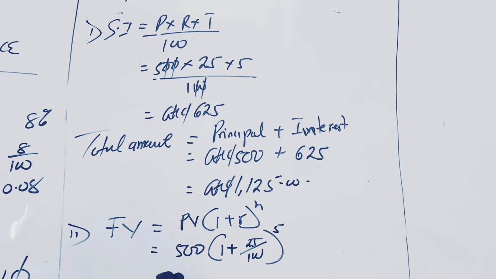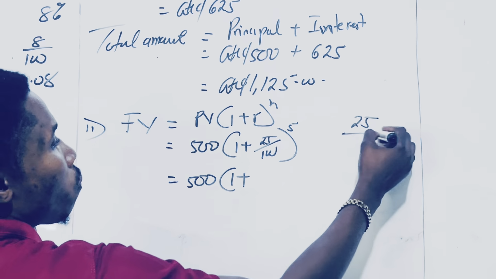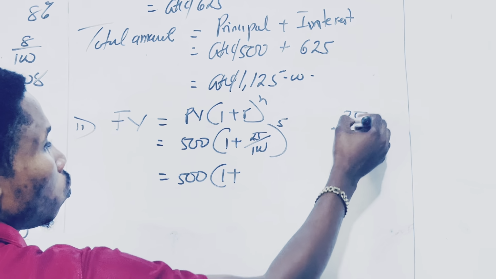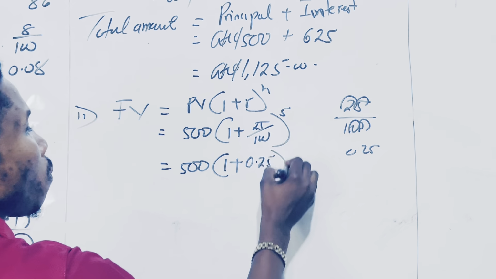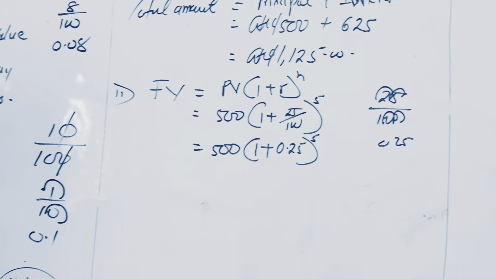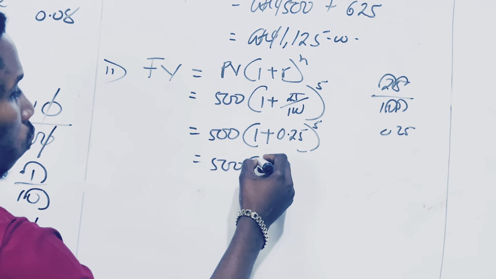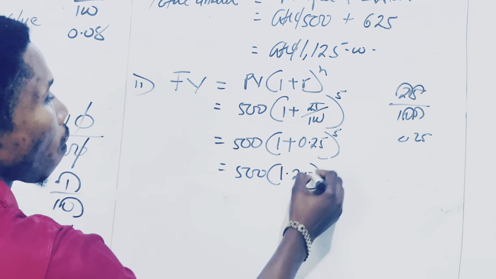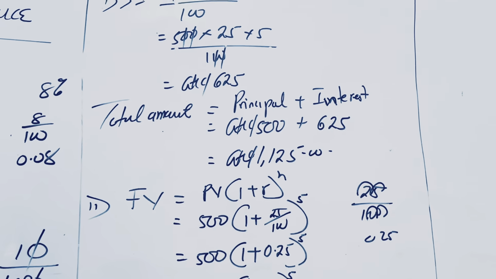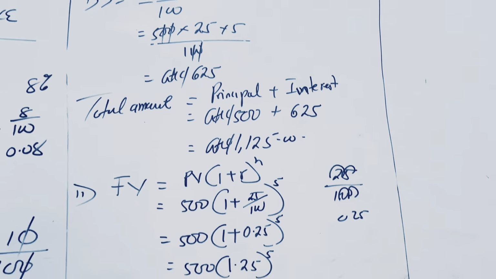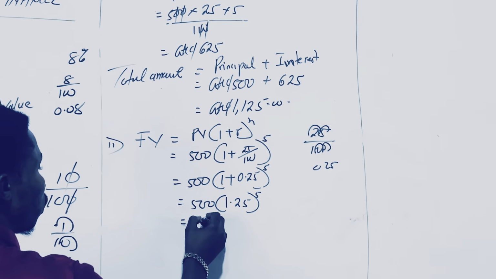And here we have 5 years. So I have my 500, and 25 over 100 can be written as 0.25. So we have 500, 1 plus 0.25 will give you 1.25 raised to the power 5. So we have 500 multiplied by 1.25 raised to the power 5.